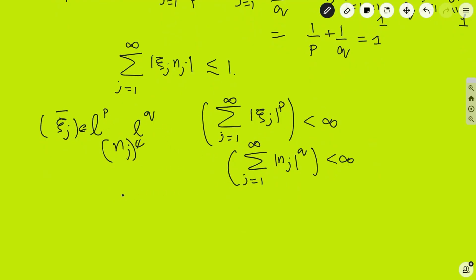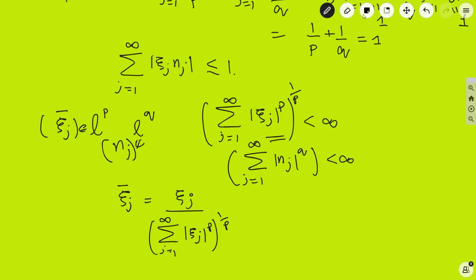Now what you need to do is construct a new sequence. How do I construct this? I will take the jth term and divide it by the summation from j equals 1 to infinity, to the power 1 by p. We know that this is bounded, so it is a real number. Bounded means it's a real number, so I can definitely take the 1 by pth root.